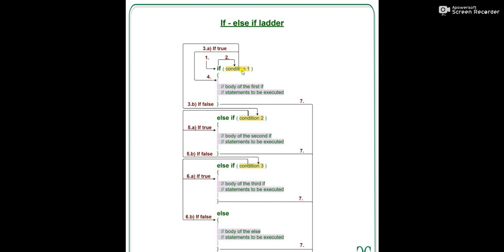Here you can see this is condition 1, condition 2, condition 3, like this n number of conditions we can generate. Now for each condition we define a corresponding block of statements. For condition 1, this is the corresponding block of statements, and for condition 2, this is the corresponding block of statements.